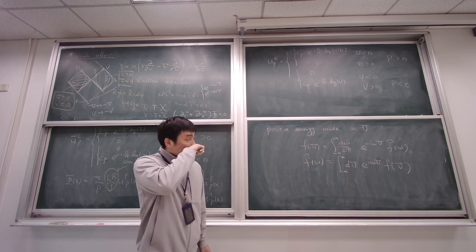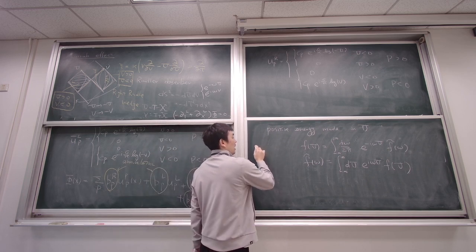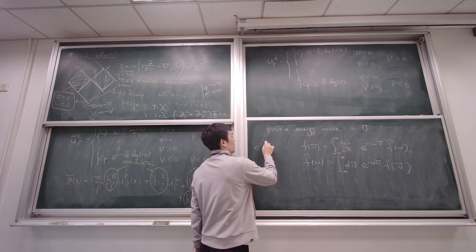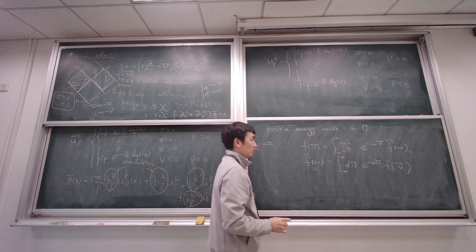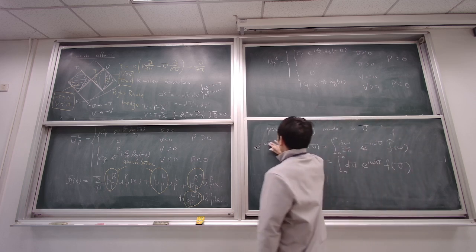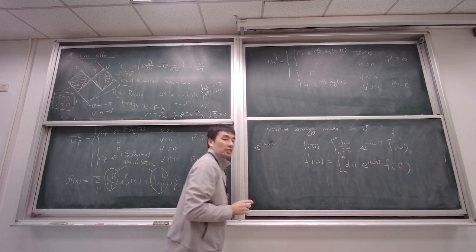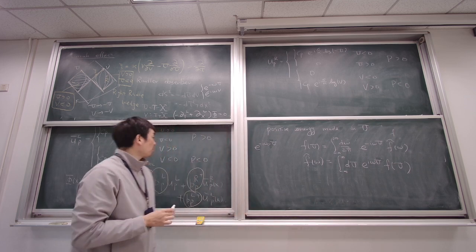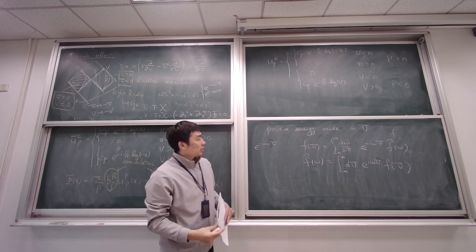For instance, if you simply have e to the minus I omega 0 u, this is one basis of positive frequency of this equation, a positive energy mode.